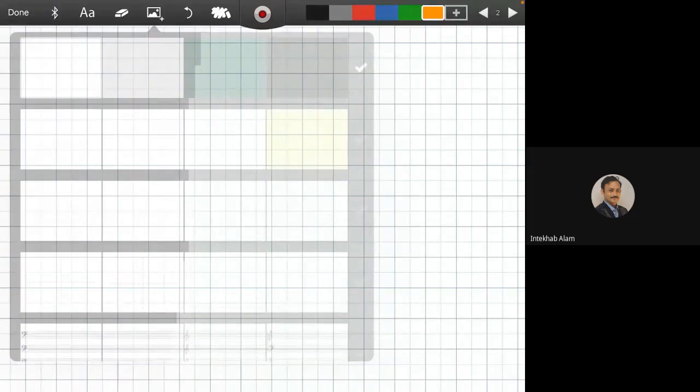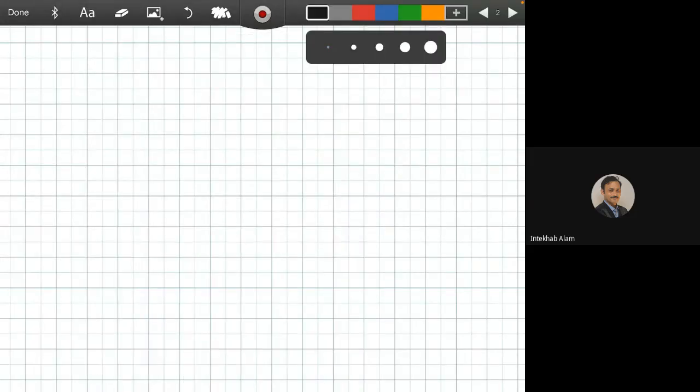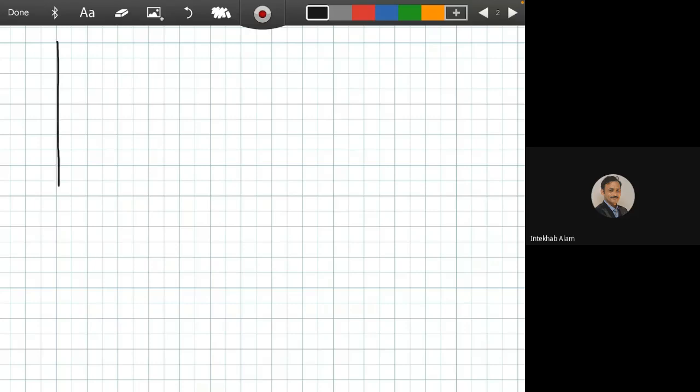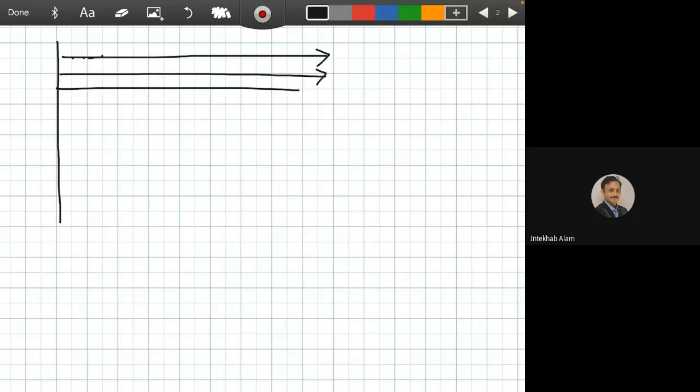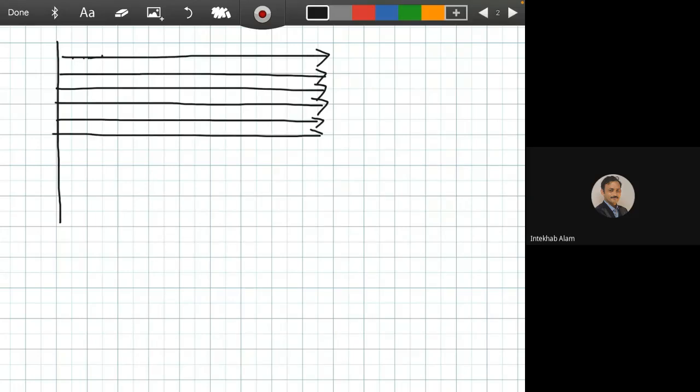Shall we proceed with 120-degree conduction? Okay, let's draw with switching diagram. This is for 120 degree.